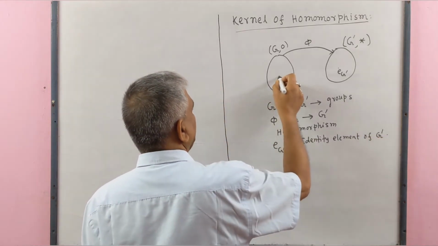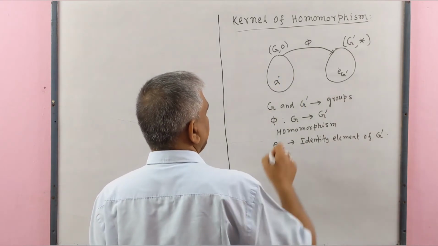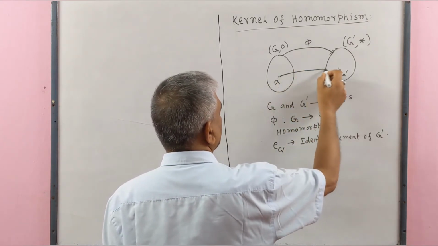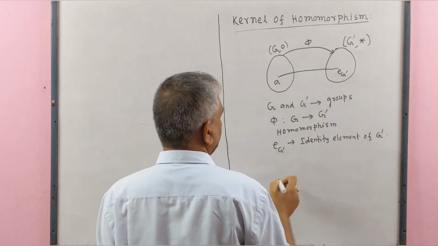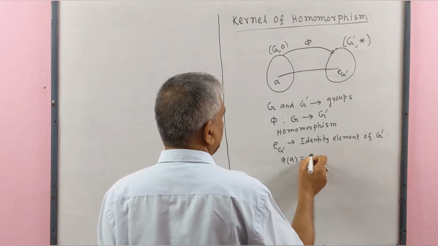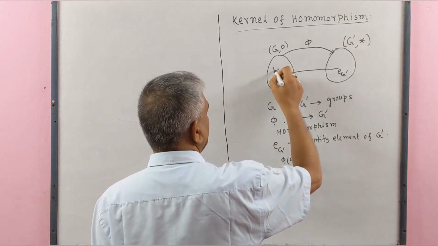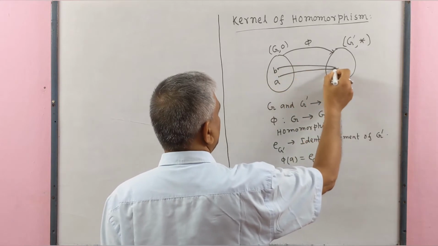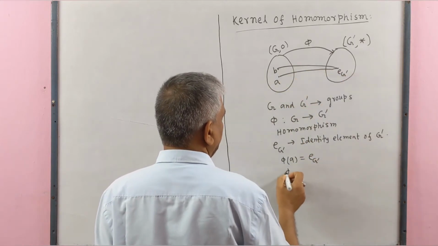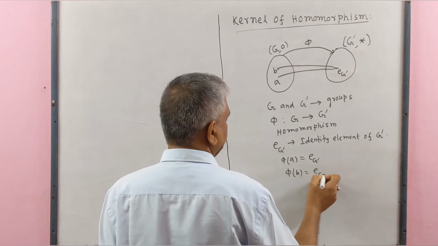Let a belong to G such that its image is e_G'. Phi(a) equals e_G'. Another element b whose image is e_G', phi(b) is e_G'.